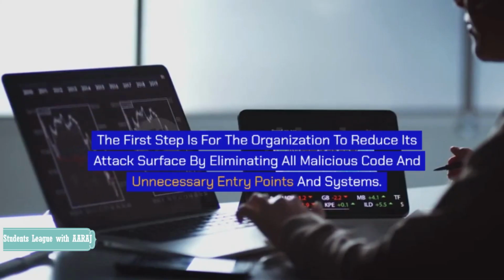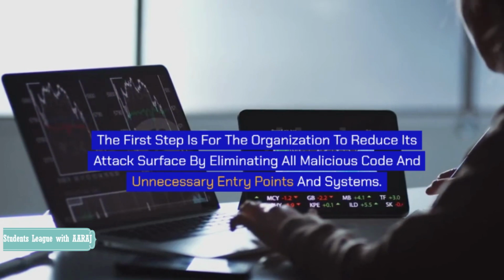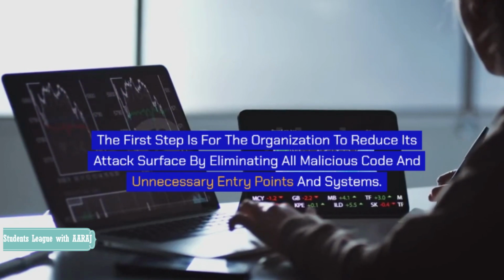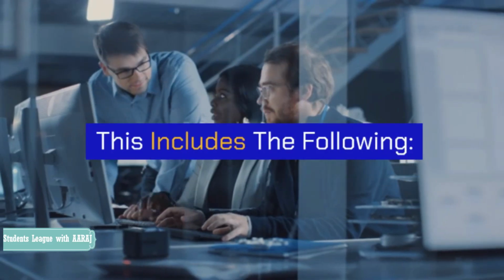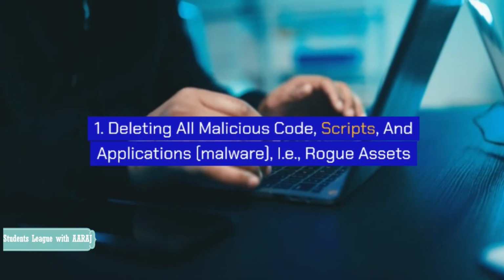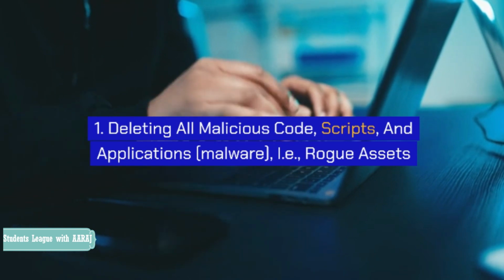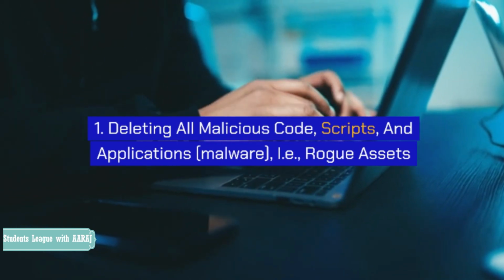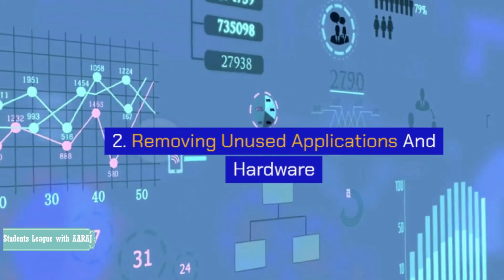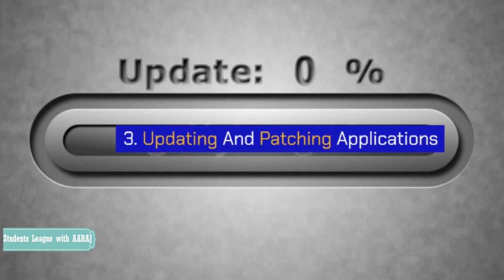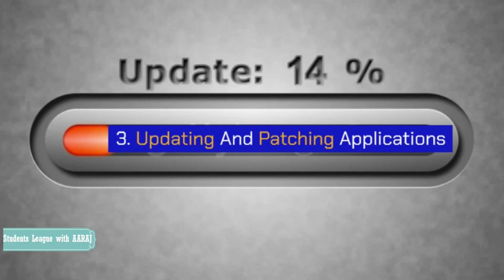The first step is for the organization to reduce its attack surface by eliminating all malicious code and unnecessary entry points and systems. This includes the following: deleting all malicious code, scripts, and applications, malware, i.e., rogue assets. Removing unused applications and hardware. Updating and patching applications.